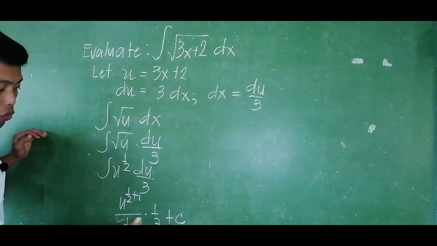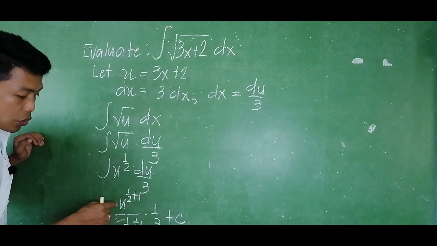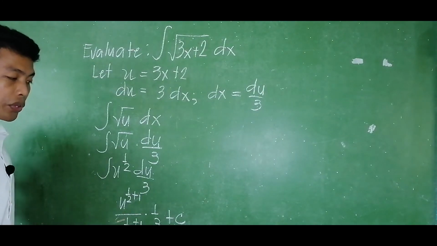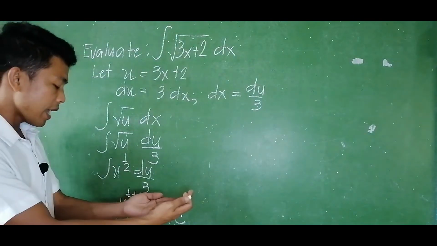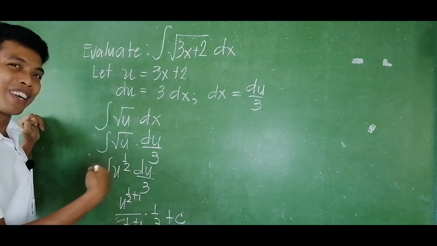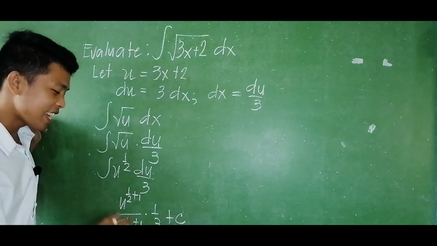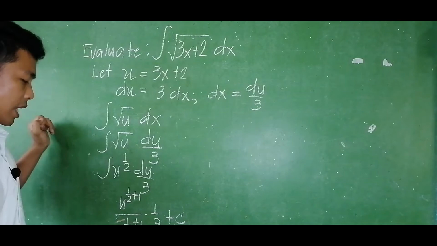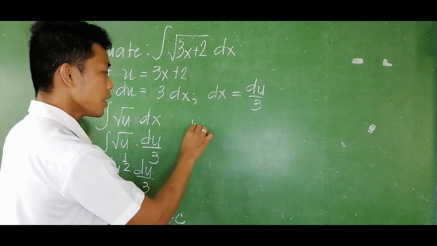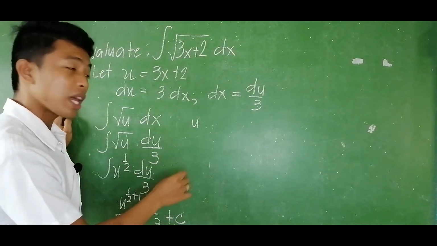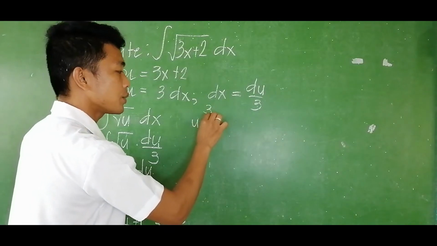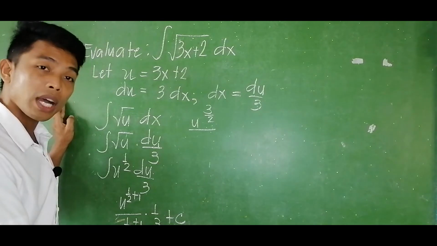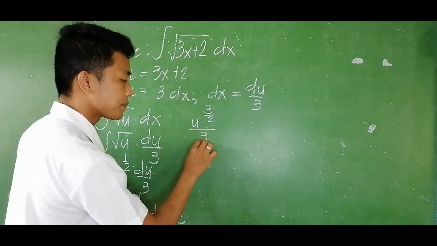So, we continue our process. We have u raised to 1/2 plus 1 over 1/2 plus 1 times 1/3 plus c. Then we simplify the fractions in the exponent and in the denominator. u raised to 1/2 plus 1 will give us 3 over 2, which means that our denominator, 1/2 plus 1, is also 3 over 2.